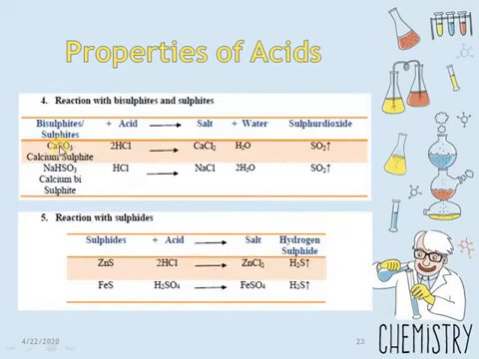Now with sulfites and bisulfites, the acids give you sulfur dioxide. When they react with sulfides, the acids give hydrogen sulfide, which has a rotten egg-like smell, and the corresponding salt.